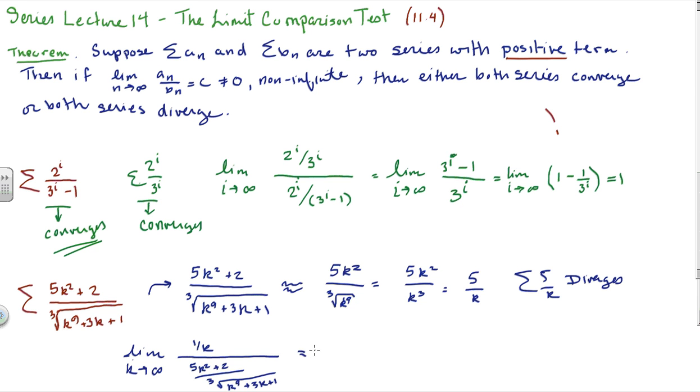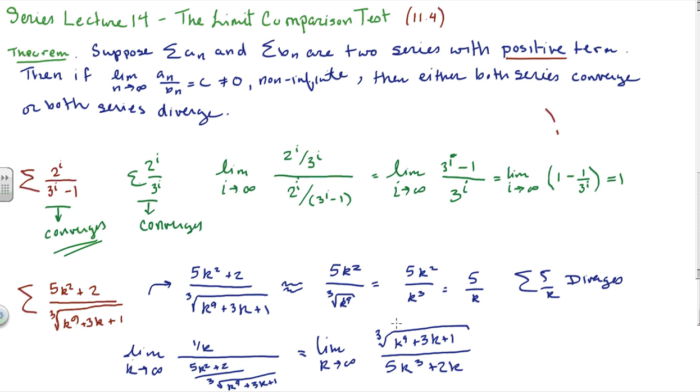So this simplifies to the limit as k goes to infinity of, looks like invert and multiply, I get the cubed root of k to the ninth plus 3k plus 1 all over 5k cubed plus 2k.